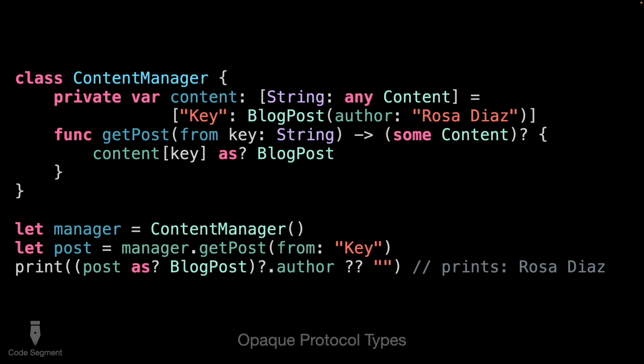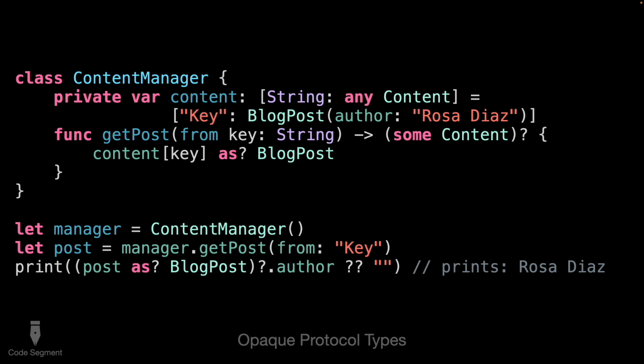And we are saying we're going to return some Content, right? So what this means is if we ever call this getPost function, the type that comes back is always going to be Content.